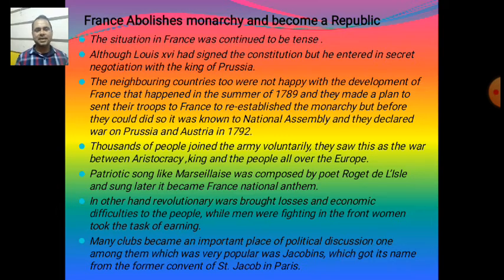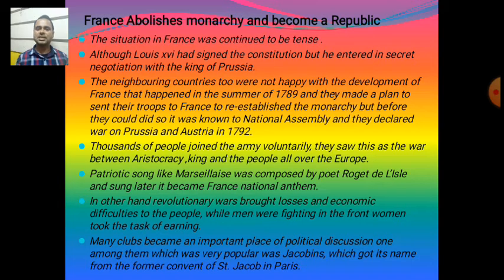Now, in this way, during this phase of time, some more interesting and important things we can see: many clubs became an important place of political discussion. When this revolutionary war was going on all around France and its neighboring countries, many of the clubs became an important place of political discussion.